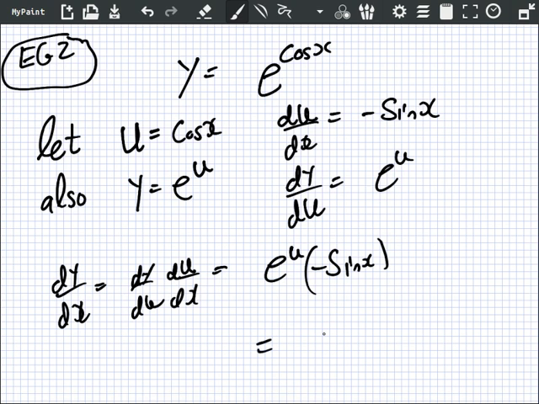So the answer is minus e to the cos x times sine x.